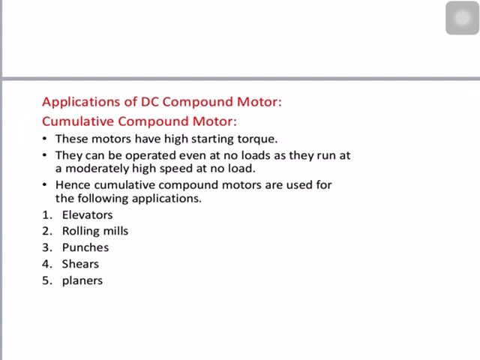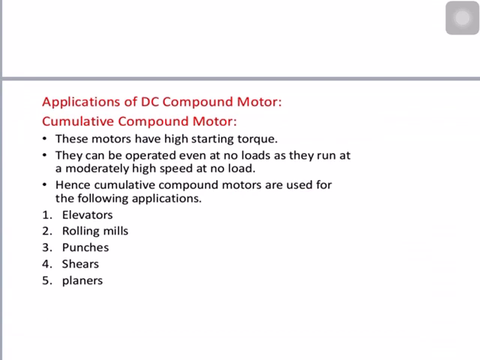Coming to applications of the DC compound motor, the motors have high starting torque. They can be operated even at no load, as they run at moderately high speed at no load.